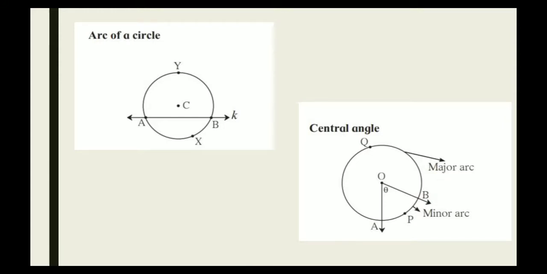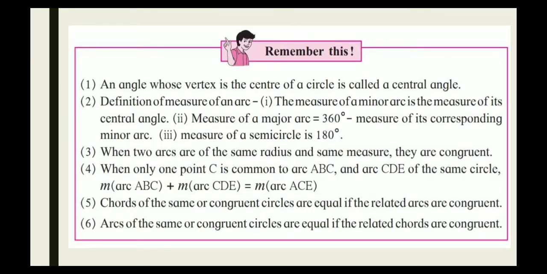That is, the measure of a central angle and the measure of the corresponding minor arc are equal. How do we find the measure of a major arc? Measure of major arc is equal to 360 minus the measure of the corresponding minor arc.